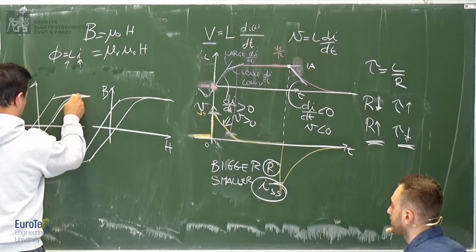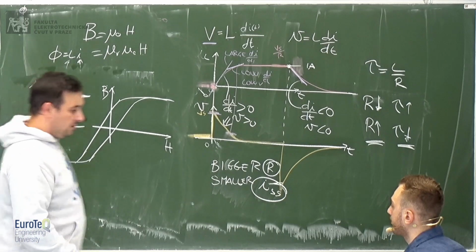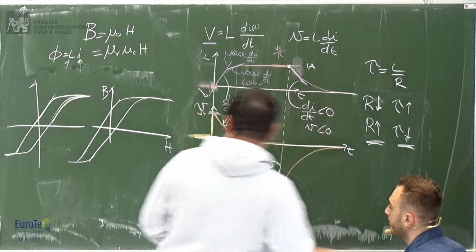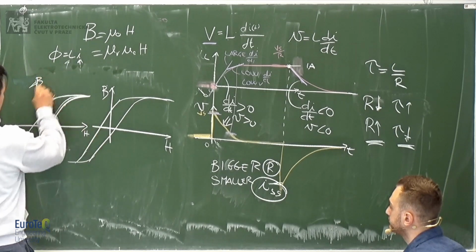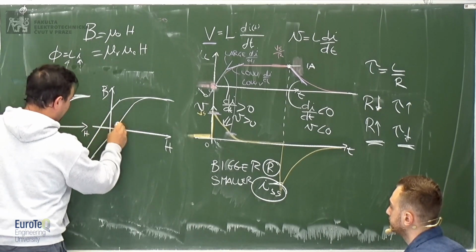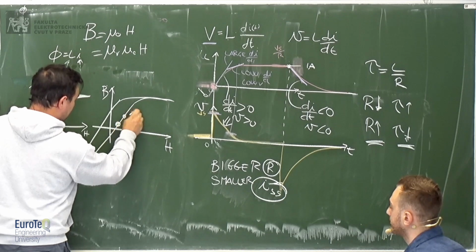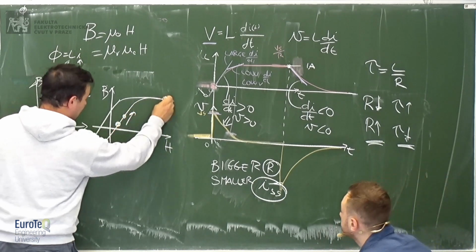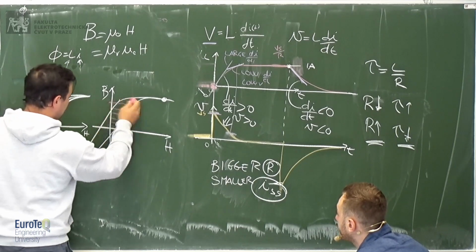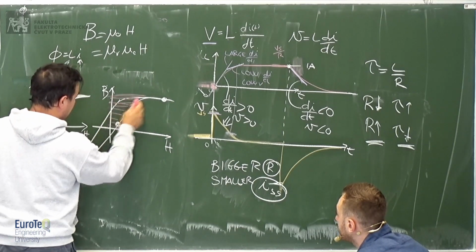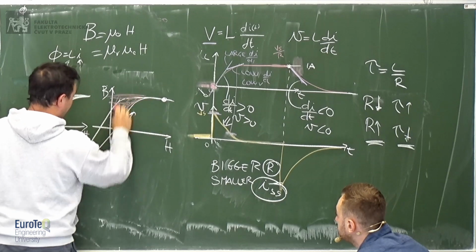So when I saturate here, I'm going up in this direction. From here, I have the saturation state, and the energy is all this, so it's all this area here.